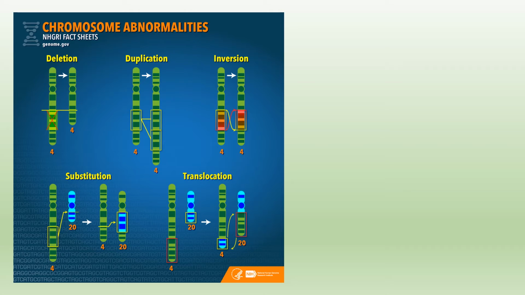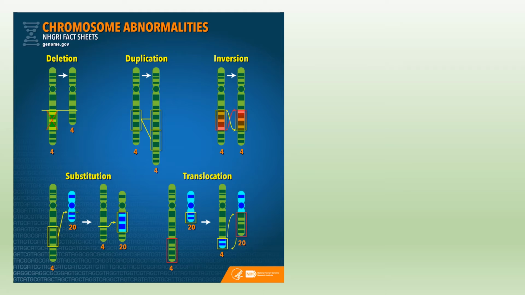A substitution occurs when a section of one chromosome is cut out and a section of a different chromosome ends up in that spot. That can be a huge issue.